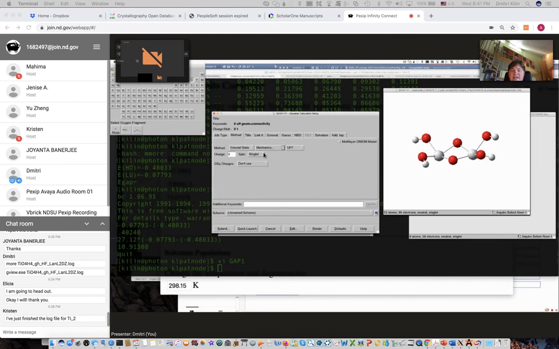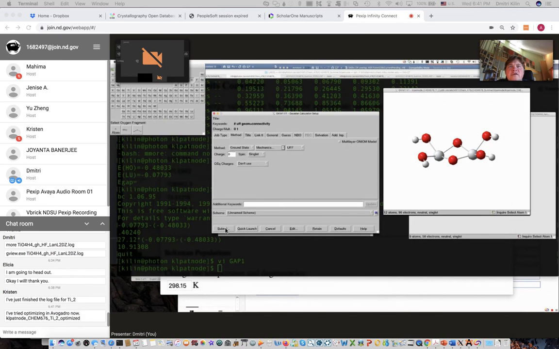And actually, if you download the log file into your local computer, you will probably be able to open it in Avogadro right away. Oh, good, thank you.